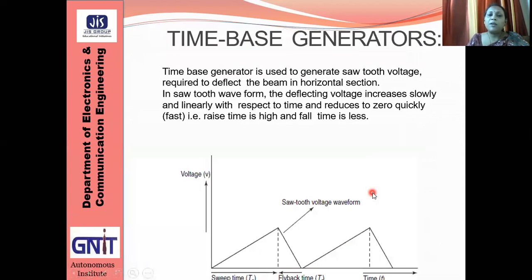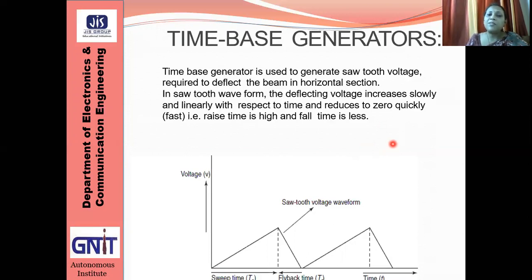So moving to our next slide, this is the sawtooth voltage waveform and the time-base generator circuit output. The time-base generator is used to generate the sawtooth voltage required to deflect the beam in the horizontal section, not in the vertical section, mind it. In a sawtooth waveform, the deflecting voltage increases slowly and linearly with respect to time and reduces to zero quickly.